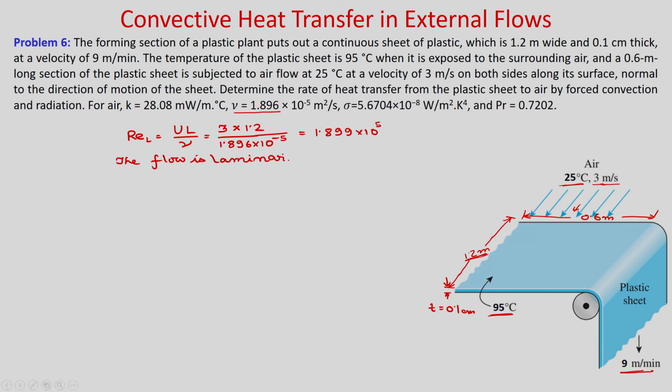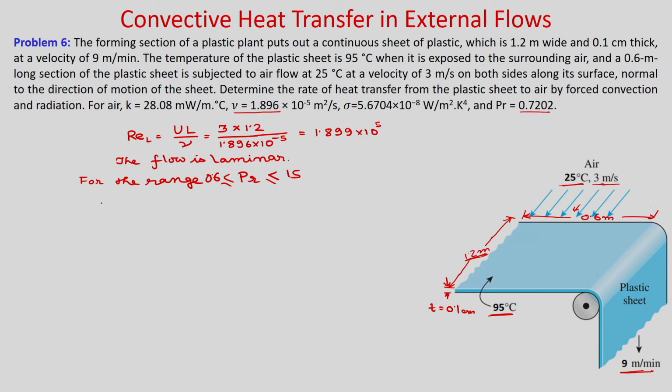Okay, because you know that if it is less than 5 into 10 to the power 5, then the flow is laminar. So, now we can use the Nusselt number relation for the range of Prandtl number 0.6 less than or equal to Prandtl number less than or equal to 15, and here Prandtl number is 0.72.